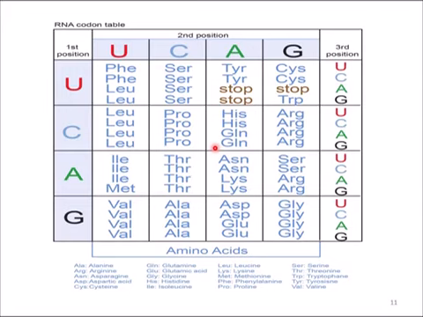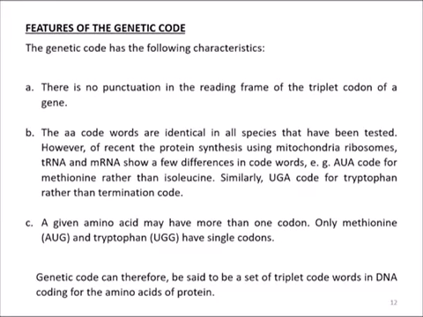Now, let's talk about the features of the genetic code. The genetic code has the following characteristics. There is no punctuation in the reading frame of the triplet codons of a gene. The amino acid code is identical in all species that have been tested.